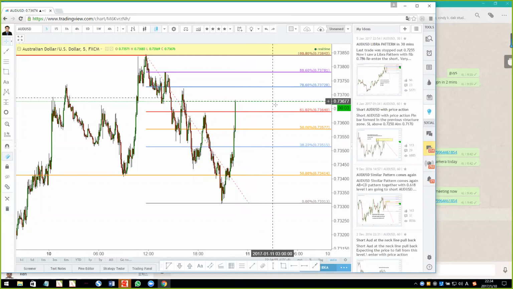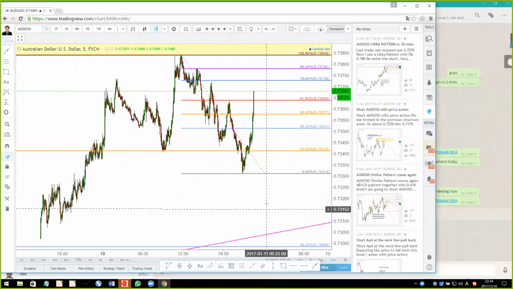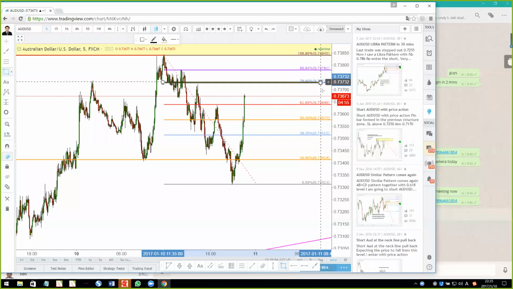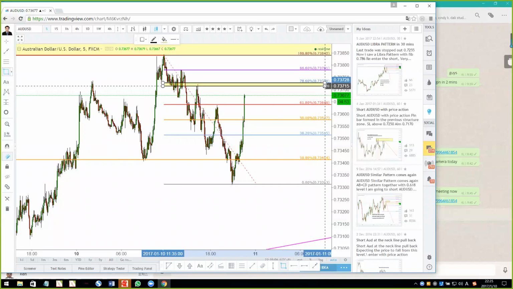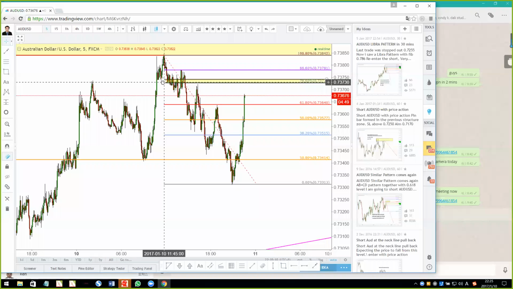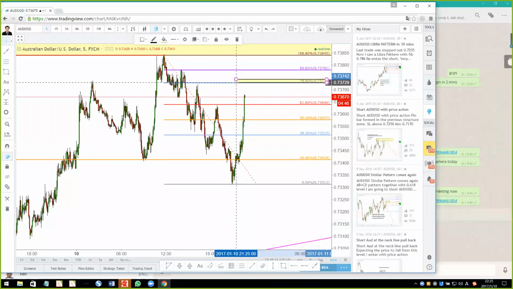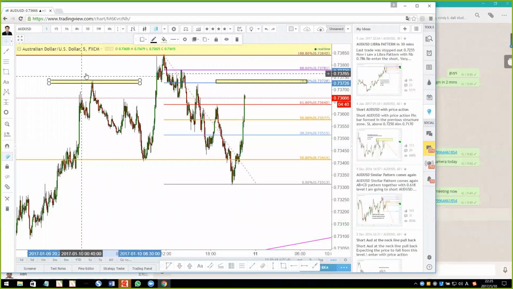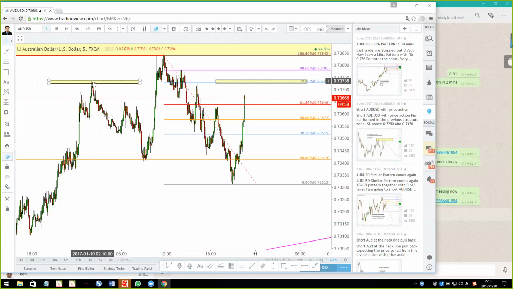I may consider shorting the Aussie about here. I think it should be here, 73, 72, because here will be a Liberal pattern. Look left here, this is a good reference point.